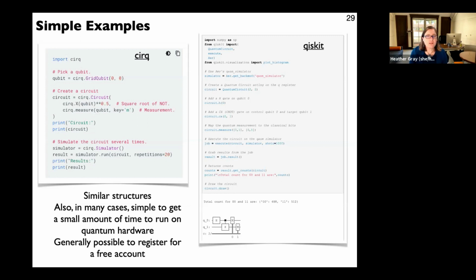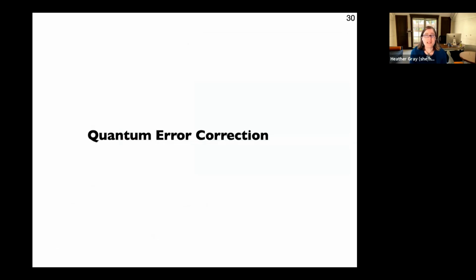I really am hopeful that this will improve as time goes on, that we might end up with common interfaces and common languages that we can actually use for quantum computers, because of course it's really interesting to be able to ask the question, can I run the same algorithm on different ones without having to write completely different code to do it?